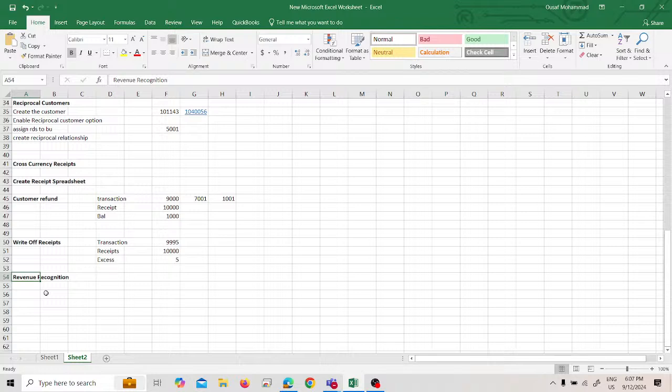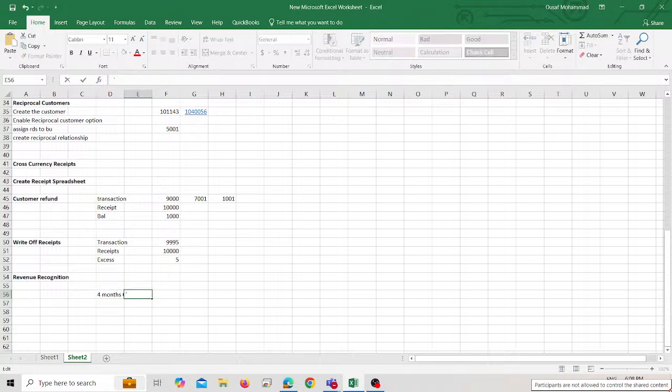Suppose there will be revenue recognition in 4 types. Let's take an example. Suppose there is a four-month contract with a customer.